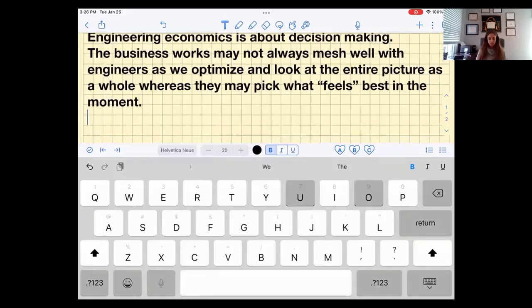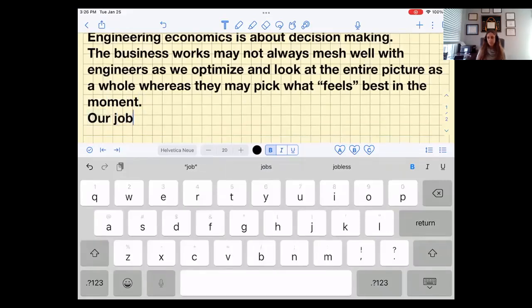Okay, and it is our job to advise based on actual analysis.